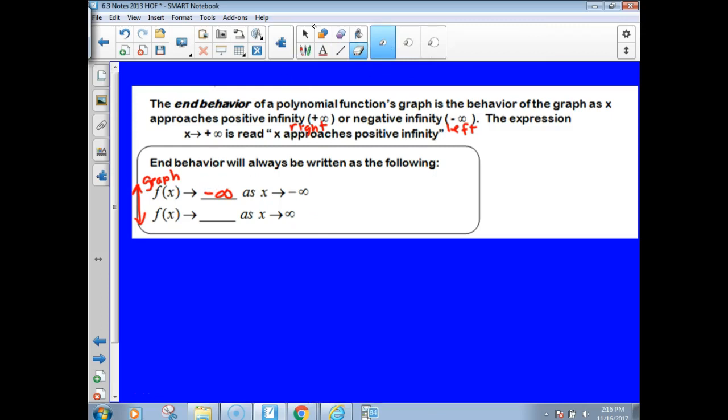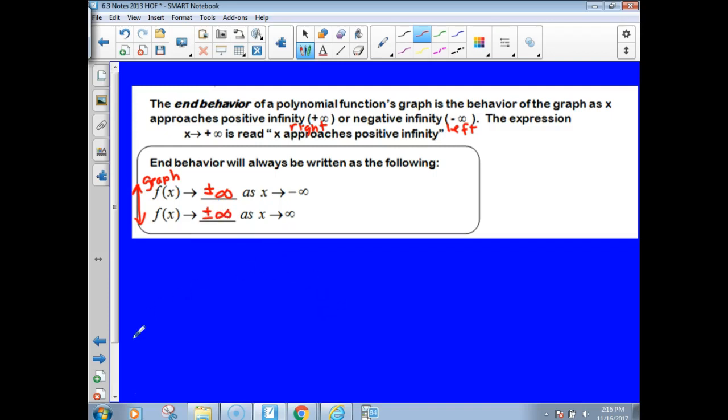I think you'll understand that better than two infinities. So it could be going up or down. On the left side and on the right side, the graph could be pointing up or down. So the graph is going to approach positive or negative infinity on the right and or the left.